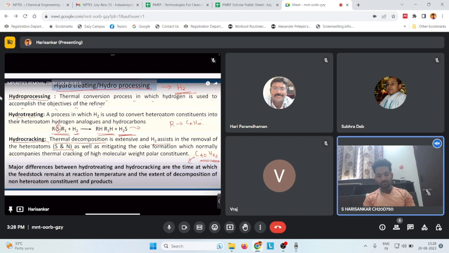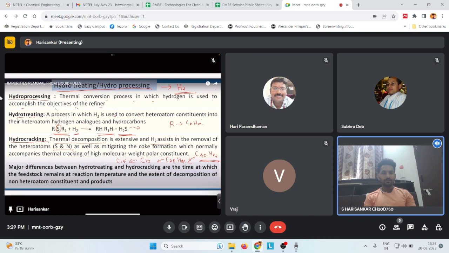We can crack this into something like C20H42, or C10, C15, like that. So we can crack these heavy compounds and bring down their carbon value, so we can use them as fuels.